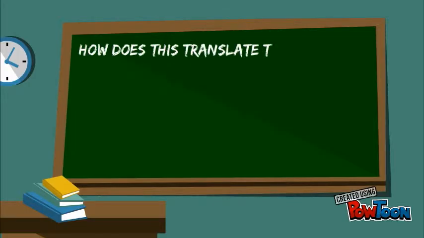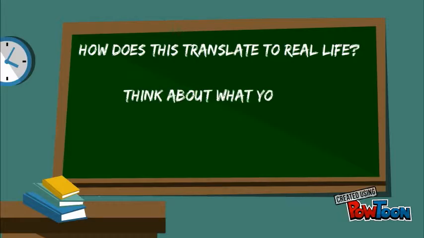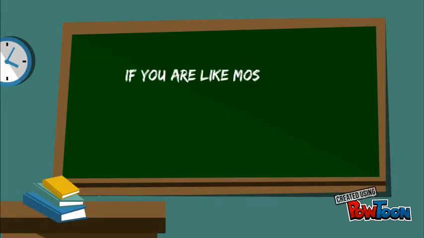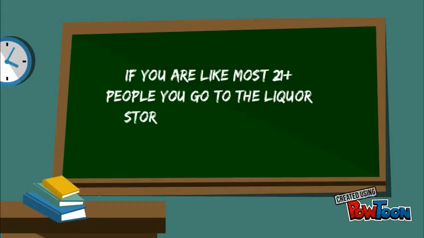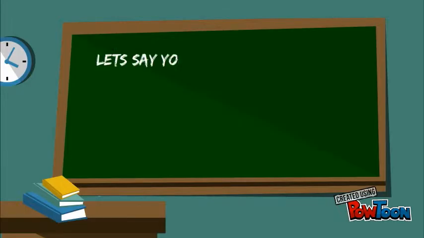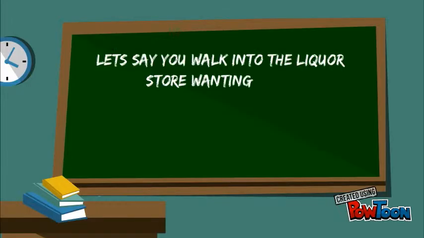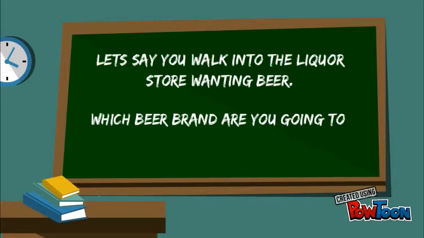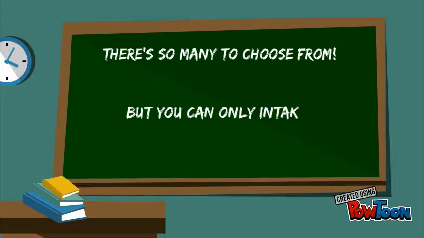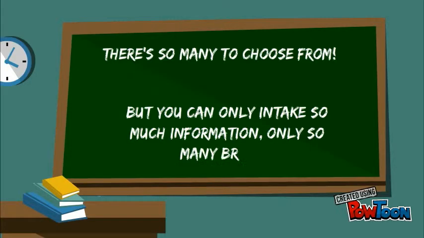How does this translate to real life? Think about what you do before you're about to go to a party. If you're like most 21-year-old people, you go to the liquor store to purchase your choice beverage. Let's say you walk into the liquor store wanting beer. Which beer brand are you going to choose? There's so many to choose from, but you can only intake so much information, only so many brands.